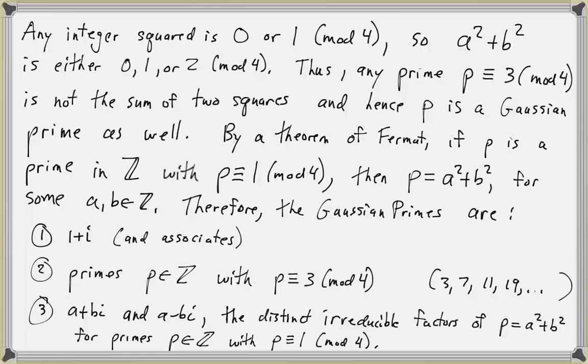These are all of the Gaussian primes, all the irreducible elements in the ring of Gaussian integers.